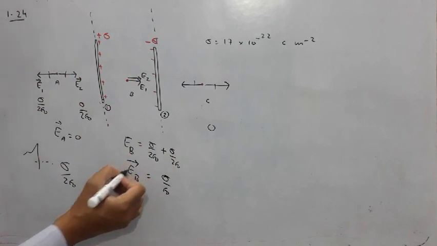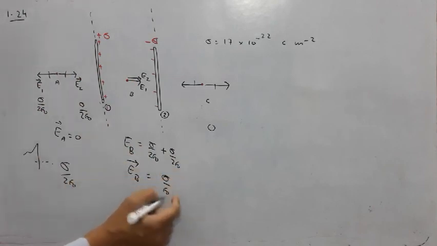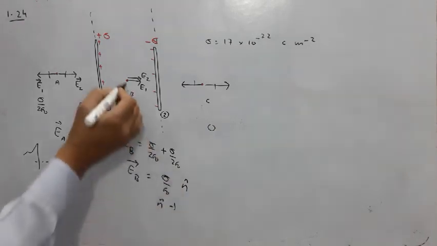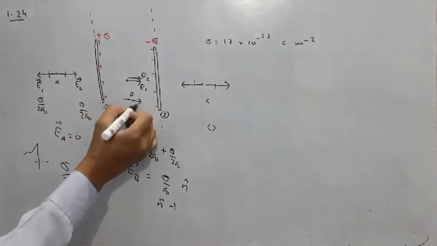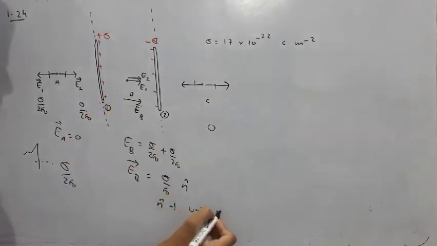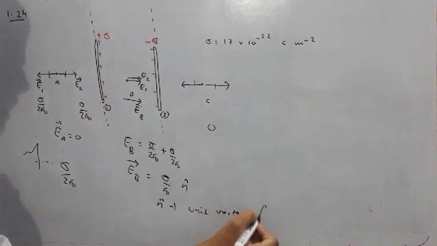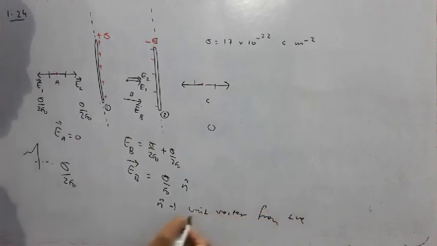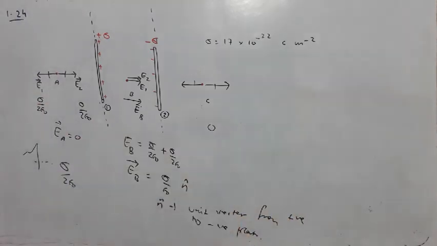And if you wish to write in vector form, then this is the magnitude and there will be some direction, where n cap is the unit vector. In which direction? Net electric field EB vector will be in this direction, so the unit vector directed from plate 1 to plate 2, that is, positive plate to negative plate.